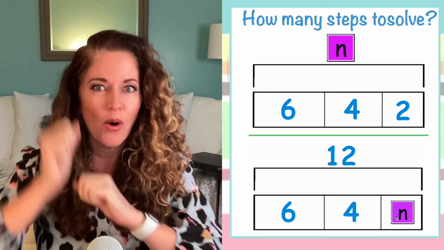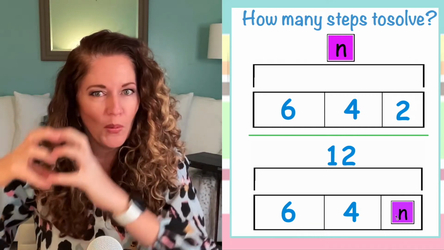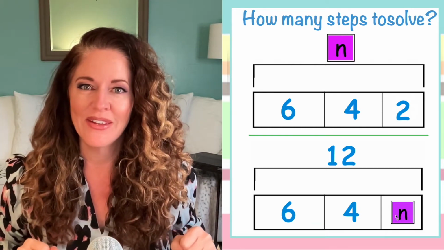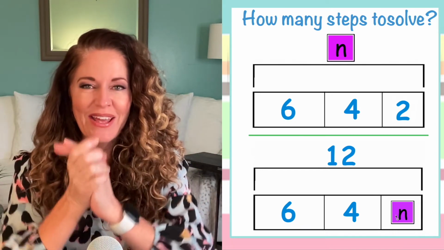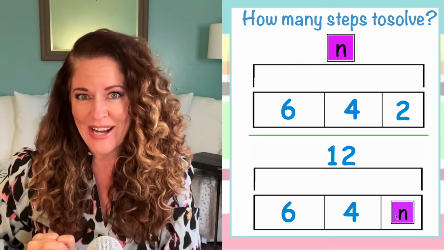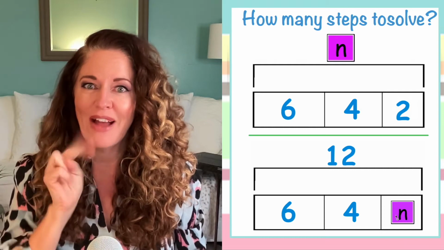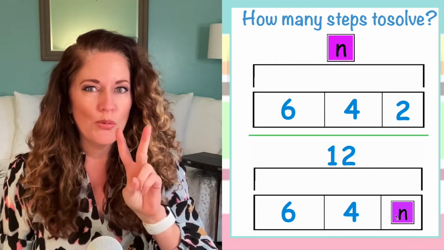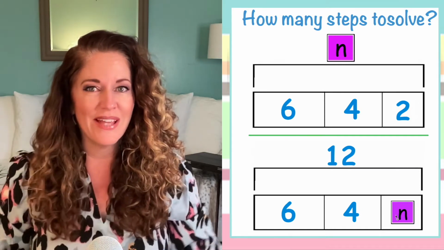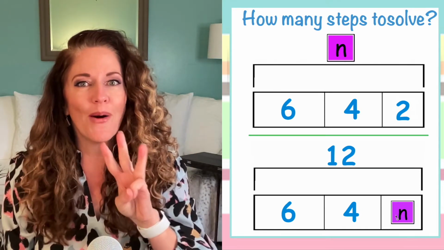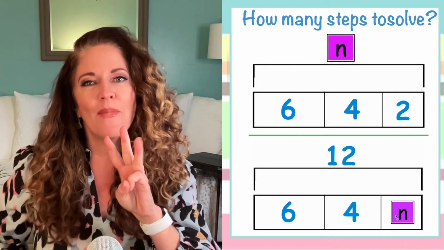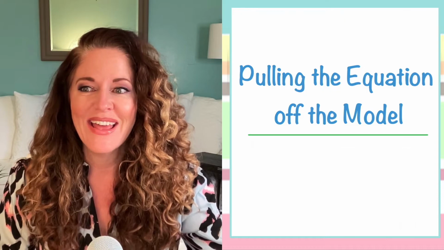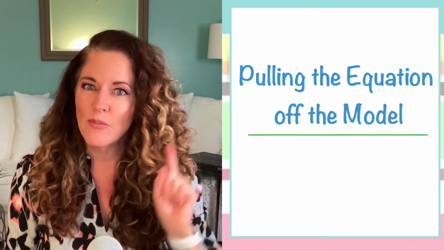Then we would look at that whole of 12 and pull out that 10 that we know so that we could find out what was left. So notice, first we add, and then we subtract from our whole. Again, we have to do 2 steps. So keep that in mind. If I've only got 2 parts, I only need to do 1 step. But if I have 3 parts or more, I'm going to be doing a minimum of 2 steps to solve it. All right? Because today we're going to be doing some things a little bit more challenging.